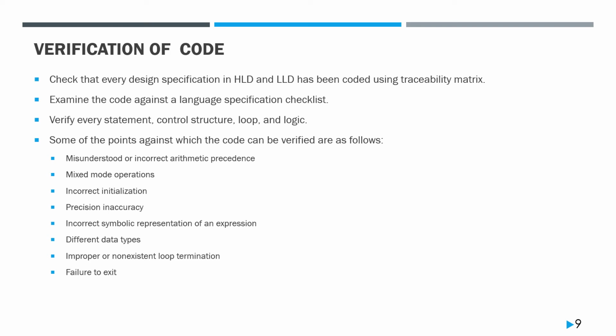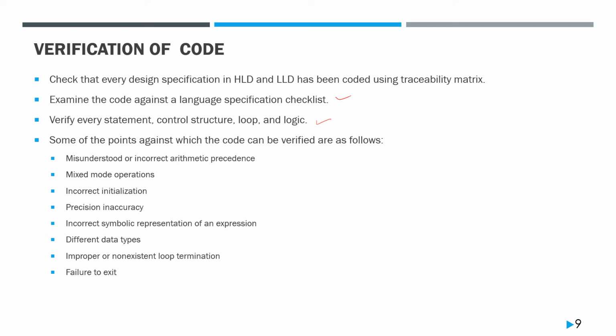The points against which the code must be verified are: check that every design specification in high level design and low level design has been coded using the traceability matrix. Examine the code against the language specification checklist. Verify every statement, control structure, loop and logic.